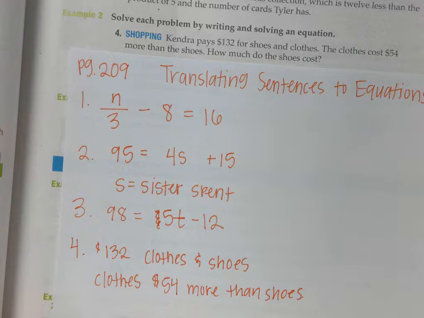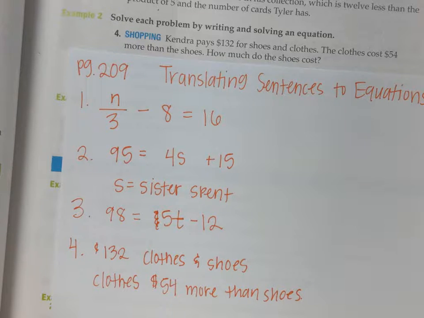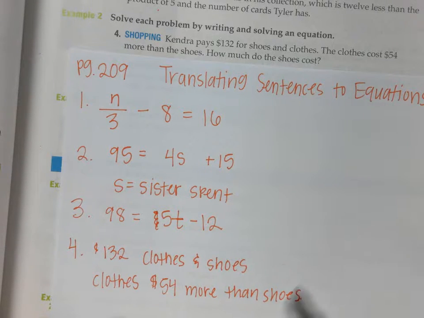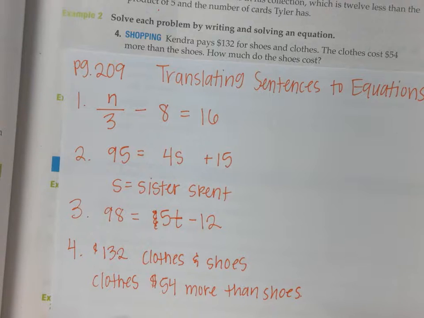We're trying to find out how much the shoes cost, but do we know how much the clothes cost or the shoes cost? We don't know what either of those cost. So clothes, we don't know. Shoes, we don't know. All we know is the cost of both of them together, and then that the clothes were $54 more than the shoes.